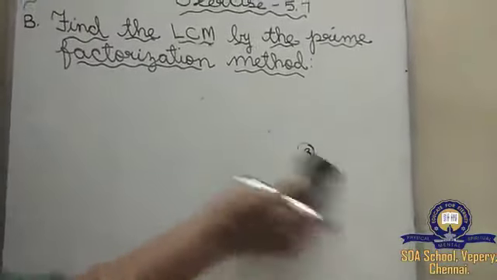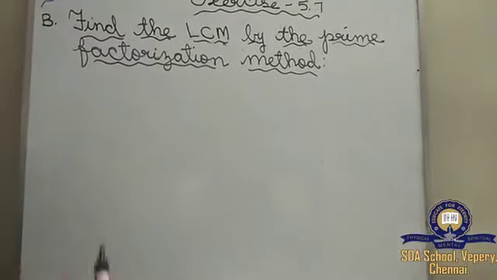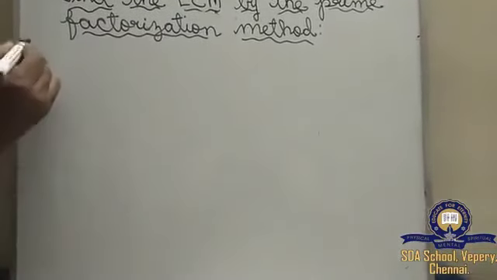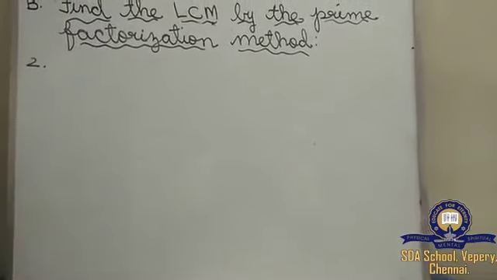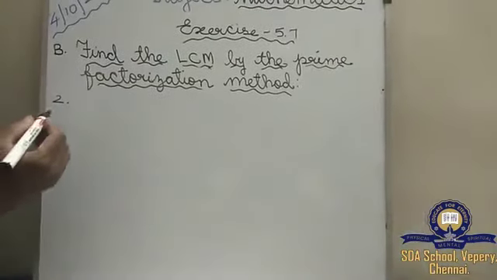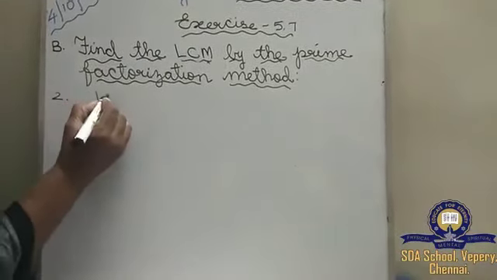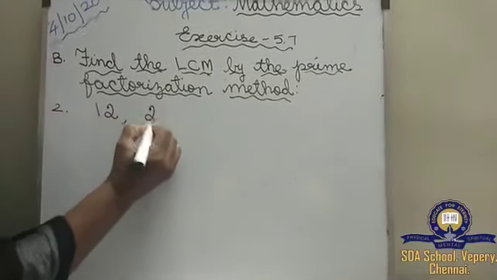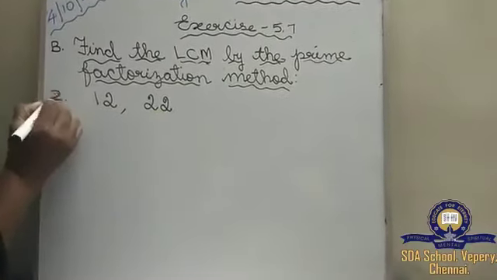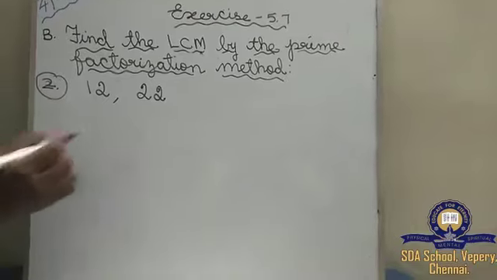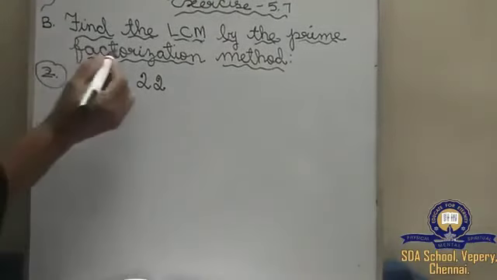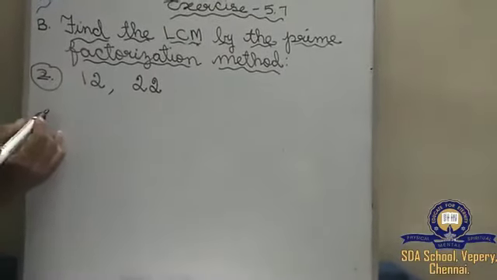Because I taught it fast, some of them couldn't understand, I think. So the second sum we'll see is 12 and 22. Okay children, we'll see how we can do the prime factorization method.